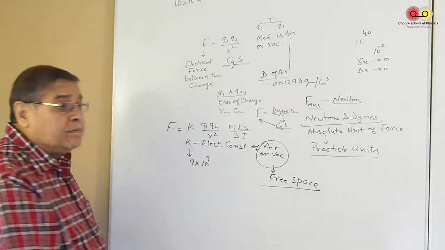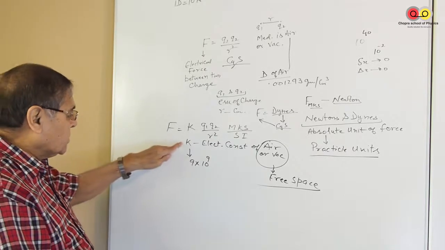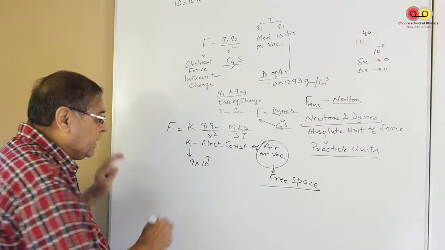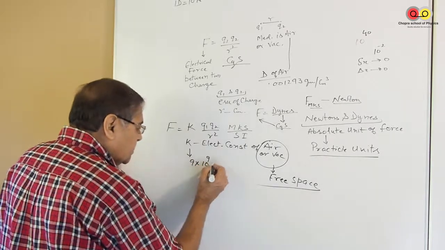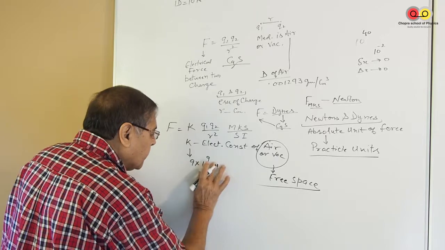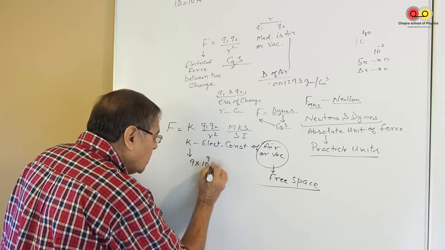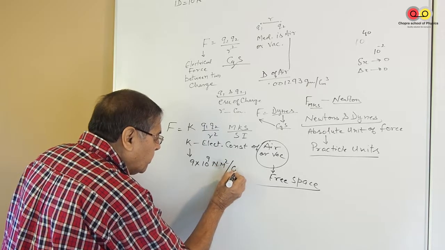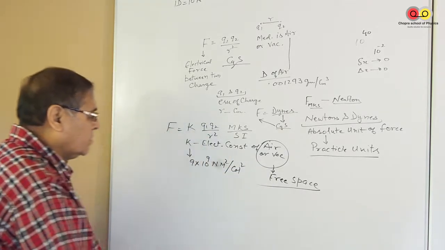Now, the unit is very important. So K is the electrical constant, 9 into 10 to the power 9, and this is Newton meter square per Coulomb square.